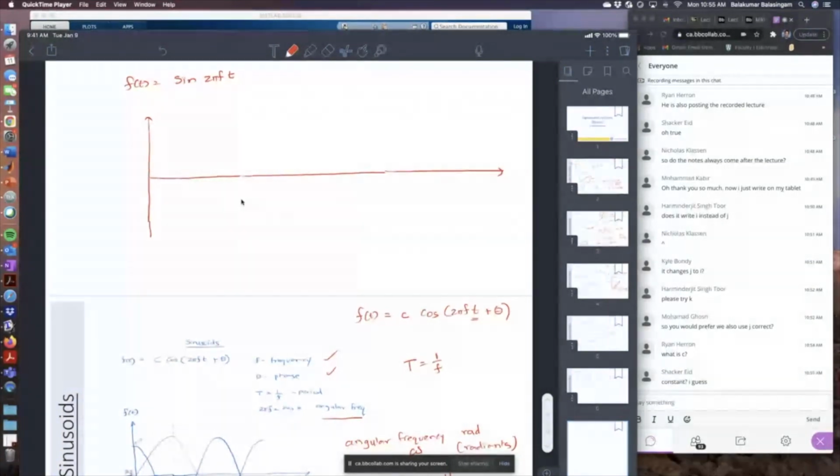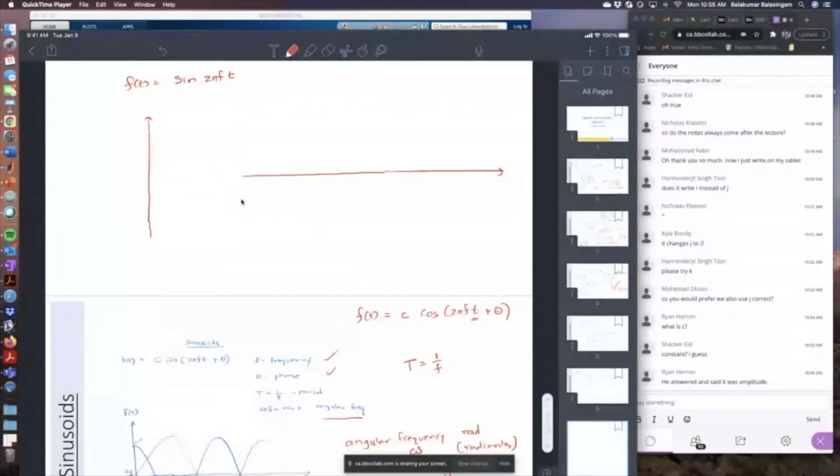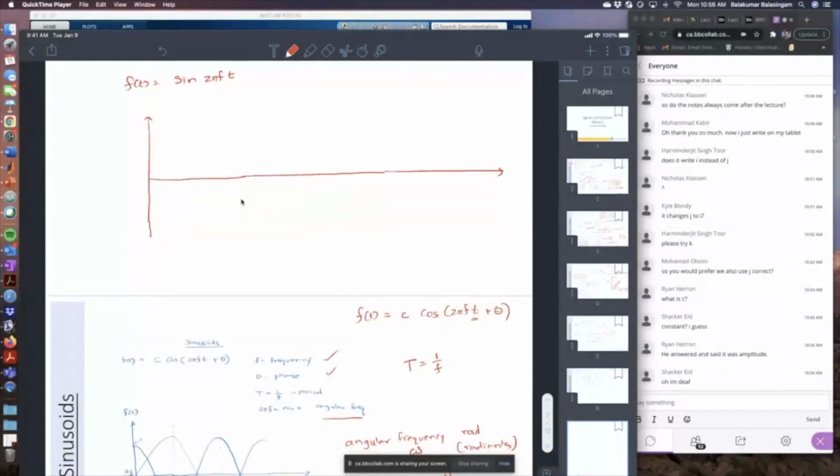So since it is sine theta, yeah, C, I'm going to answer what is C. It is amplitude, yes, but I'm going to elaborate on that. Wait a second. So the sine theta is going to be like this.